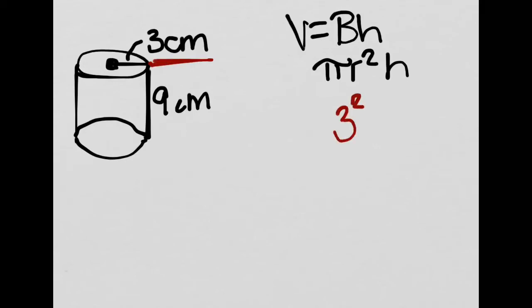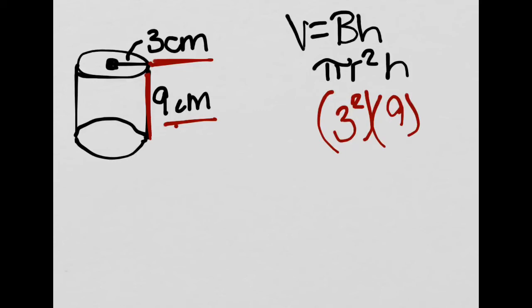So I have that 3 squared. Our height is the 9 centimeters because that is the distance between the two bases. We're always going to use that as our ability to find the height, the distance between the two bases. And then we'll throw this pi in here. So I actually have 9 times 9, which is 81 pi. 81 pi. So we still need to multiply that out now.